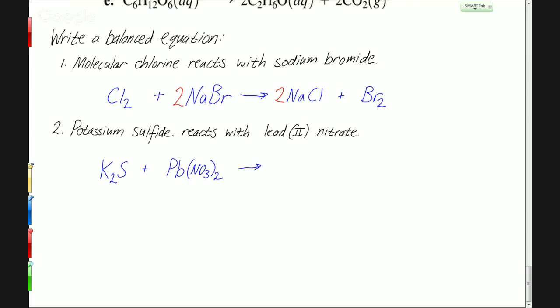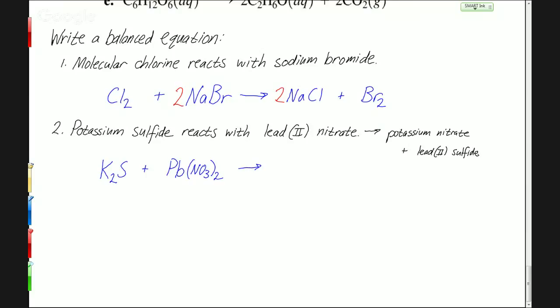And one of the ways to do that is actually use the words. So if we've got potassium sulfide reacting with lead nitrate, and we know it's a double replacement, it's actually easier to switch the words first, because then you don't have to worry about those ratios. So you can say potassium goes with nitrate, and lead-2 goes with sulfide.